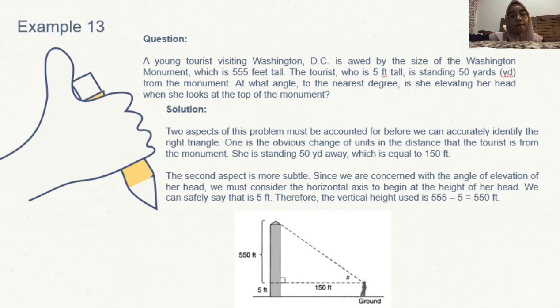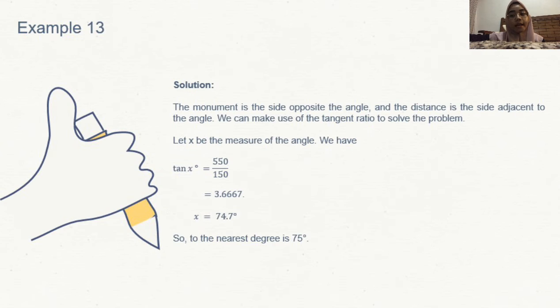We can safely say that is 5 feet. Therefore, the vertical height is 555 minus 5 equals 550 feet. The monument is the side opposite the angle and the distance is the side adjacent to the angle. We can make use of the tangent ratio to solve the problem.